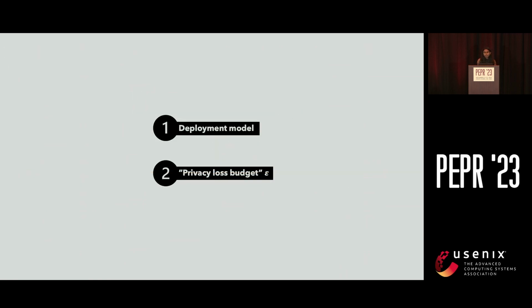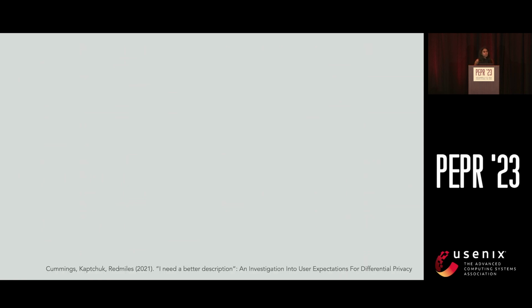So given how important these two implementation choices are, we can ask whether explanations of DP found in practice provide information on these two details. In late 2019, my collaborators analyzed 76 descriptions of DP found across industry, media outlets, and academic writing. And they were looking for patterns in how DP is explained.